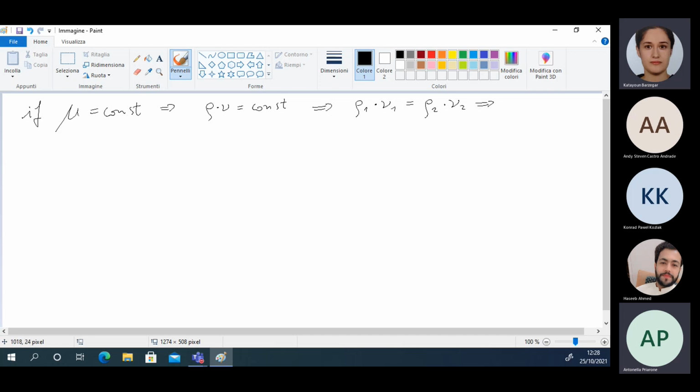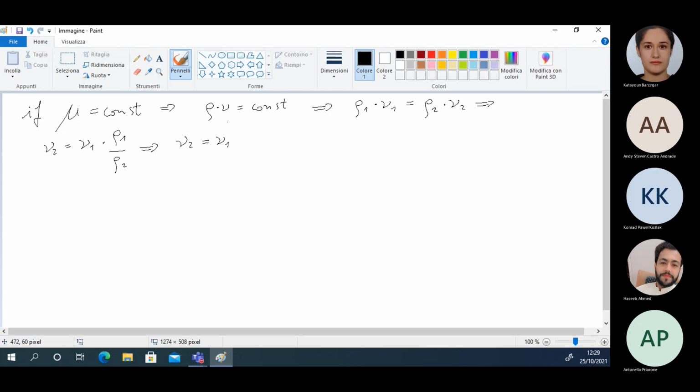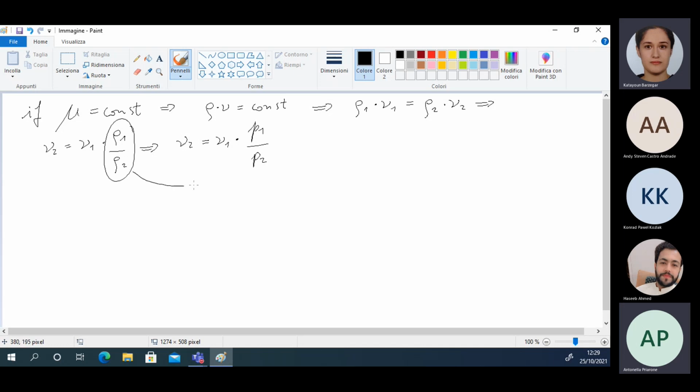And I have that Ni2 is equal to Ni1 times ρ1 over ρ2. I can substitute the ratio between the densities with the ratio between the pressures, and this is the law, the link between the kinematic viscosity and the pressure.